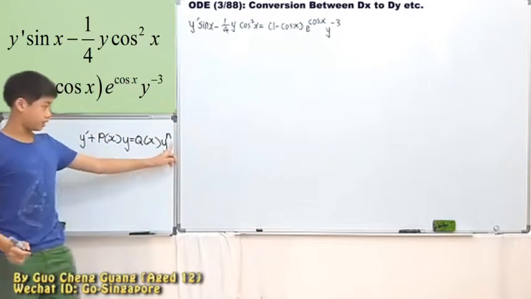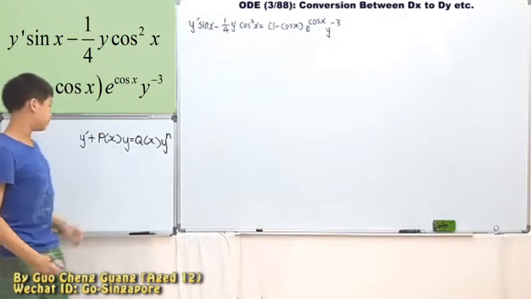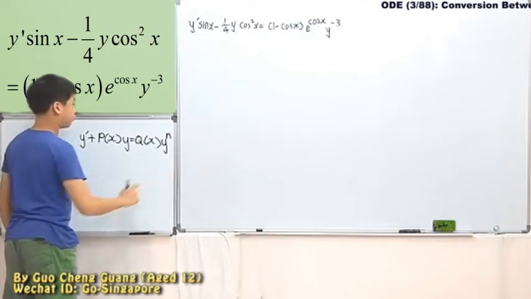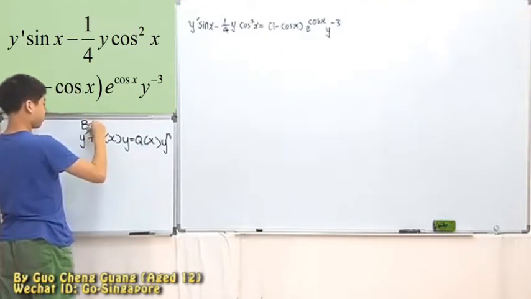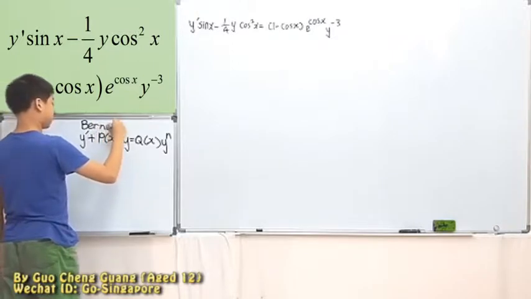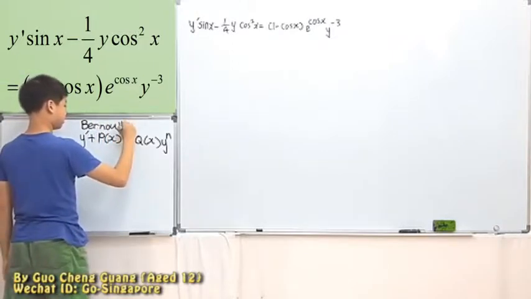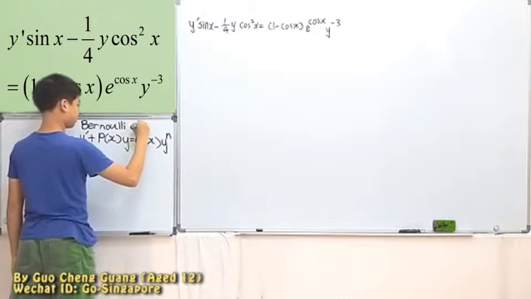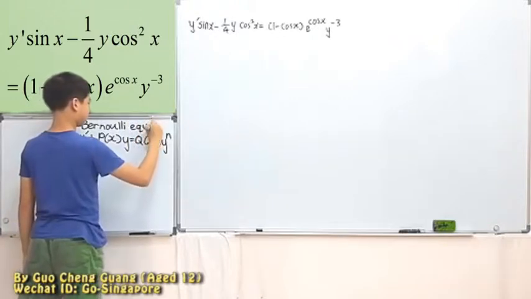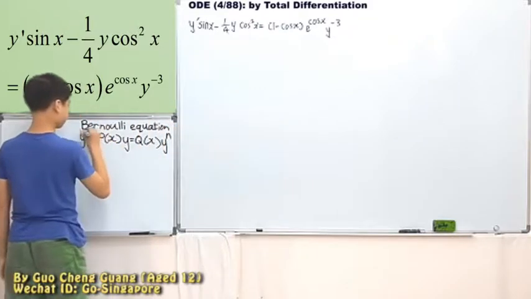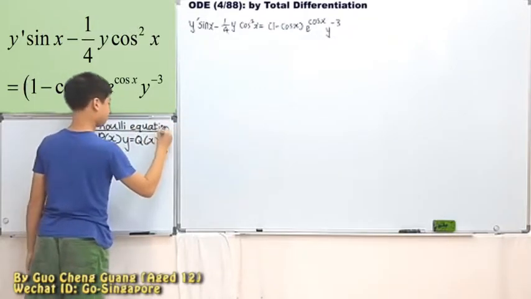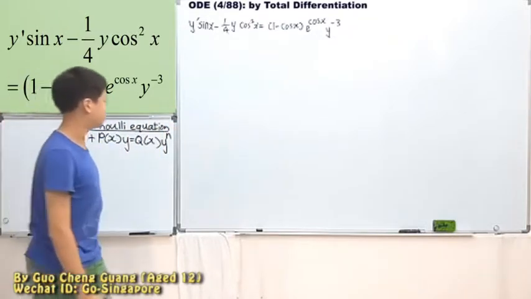And this something will represent it as n. And this type of equation, we call it the Bernoulli equation. Okay, so this is a Bernoulli equation.